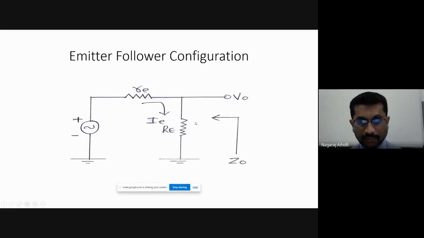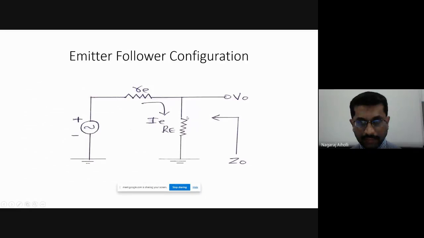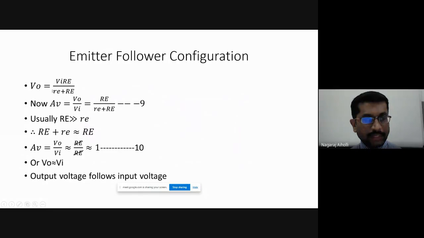Remember, the voltage divider rule is main voltage into resistance of the same branch divided by sum of the resistances of the two branches. Accordingly, we can write V0 equal to VI into capital RE divided by small re plus capital RE.